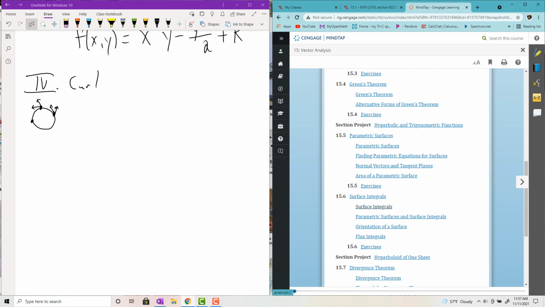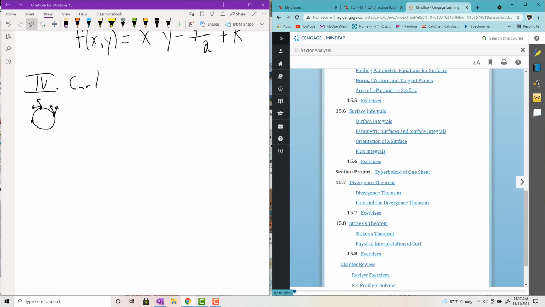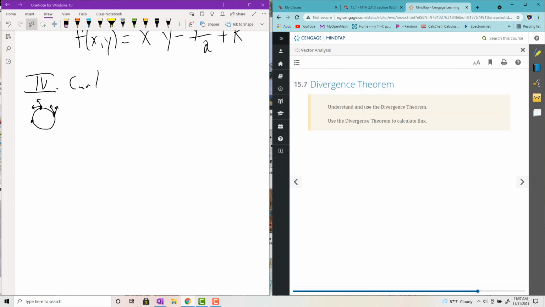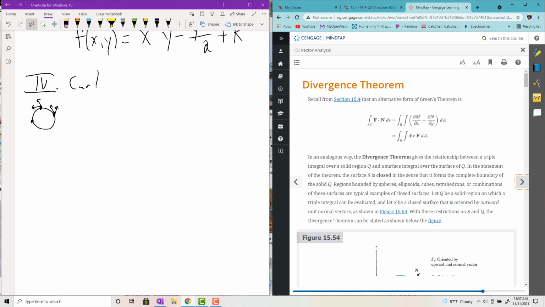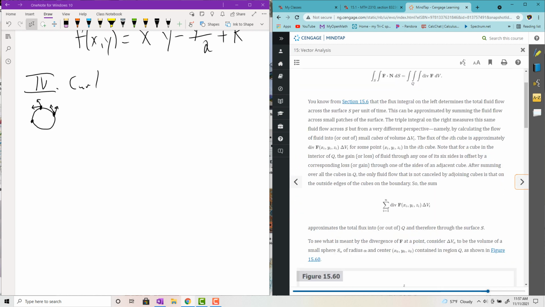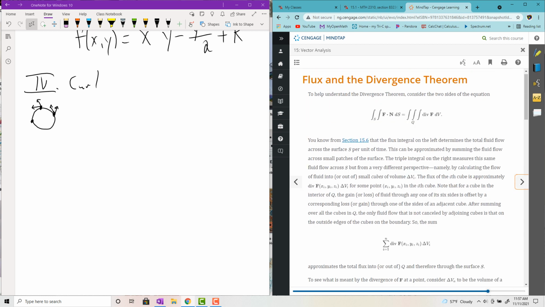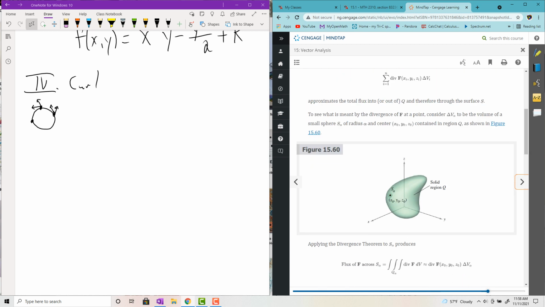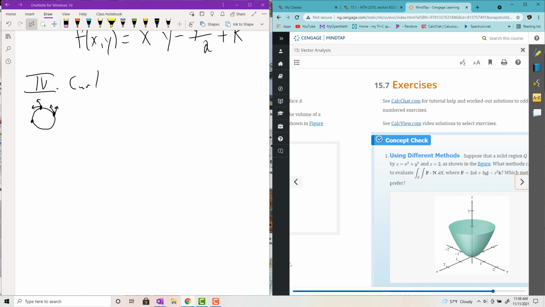So let me look at, we'll be thinking about the divergence theorem and Stokes' theorem. Divergence is with flux, and we're using a dot product with n. And curl, I'm thinking, is what I'm talking about.